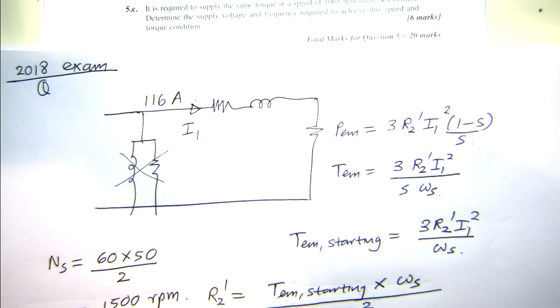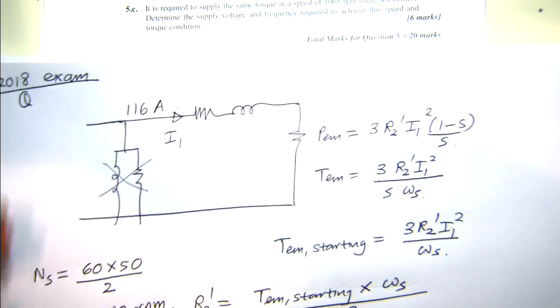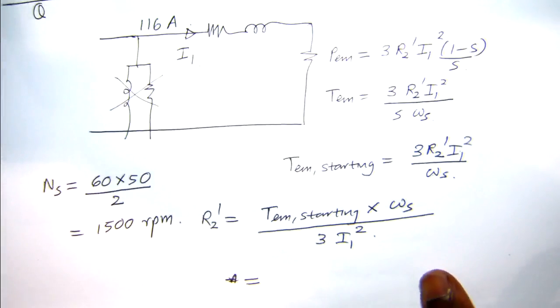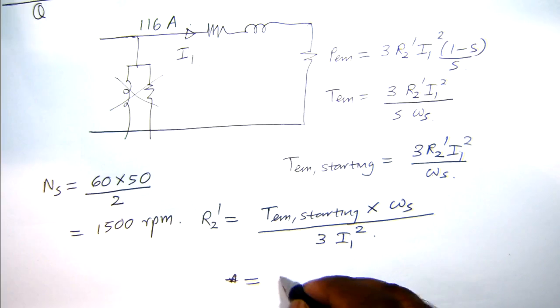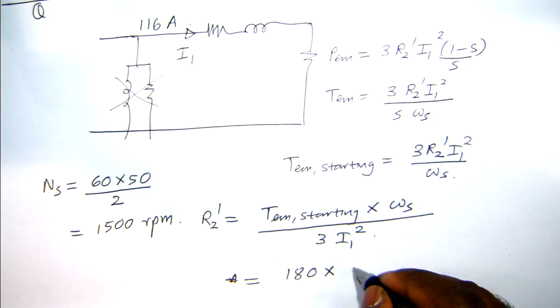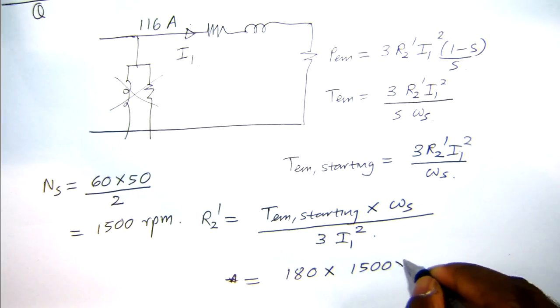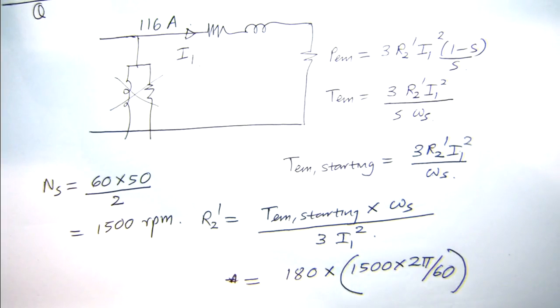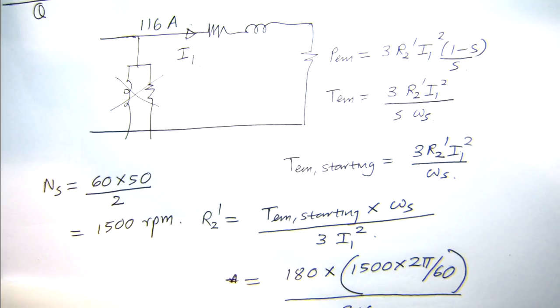So if we substitute the values here, we have a starting torque of 180, and the synchronous speed is 1500 times 2 pi over 60, that's the synchronous speed in radians per second, divided by 3 times the current of 116 squared.